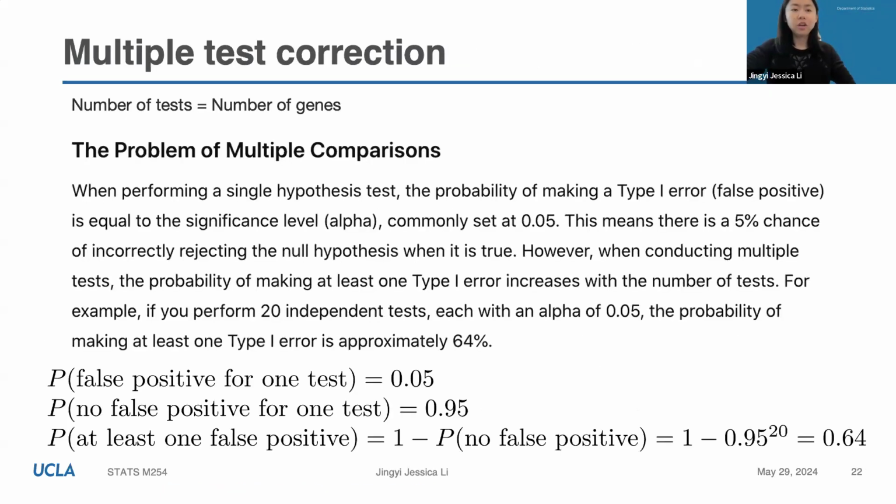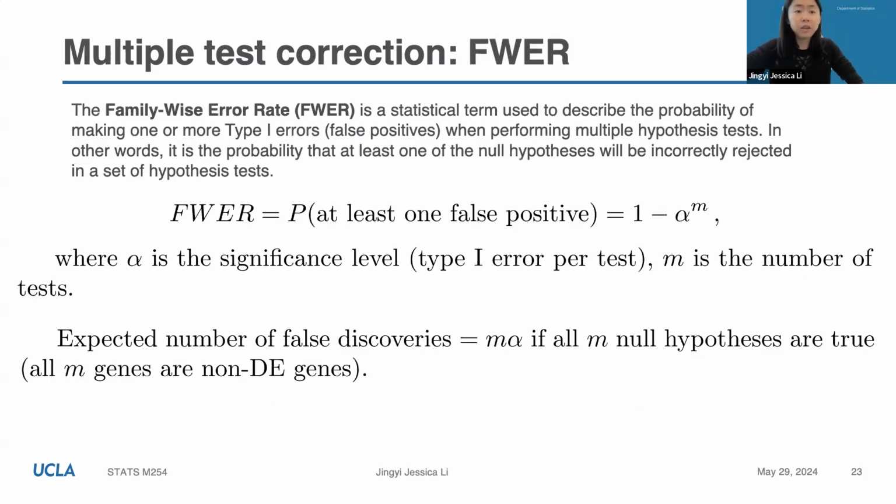Thank you. So this is why we need multiple test correction, because otherwise we might have more and more false positives as we do more tests. There is a quantity to measure this. It's called the family-wise error rate, which is the probability we already saw in the last slide. It's the probability of making at least one false positive.